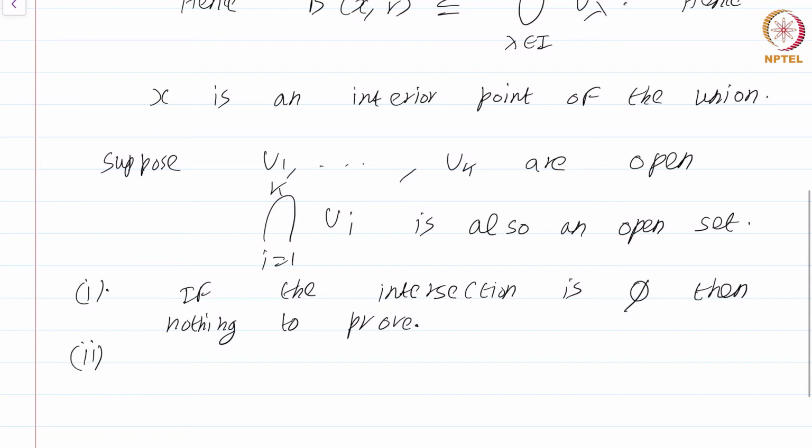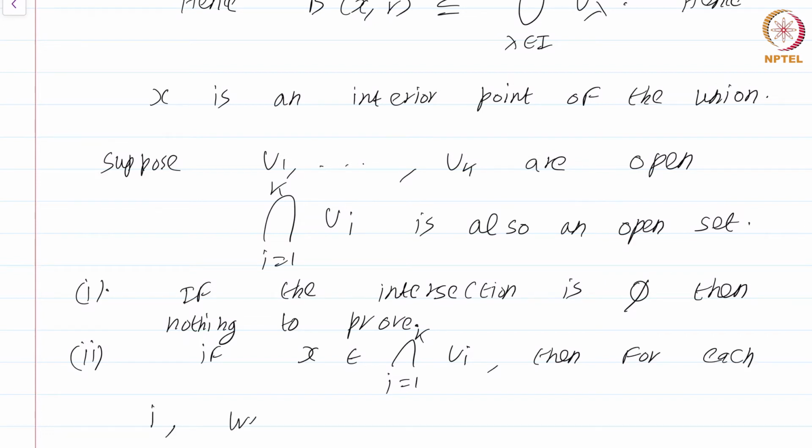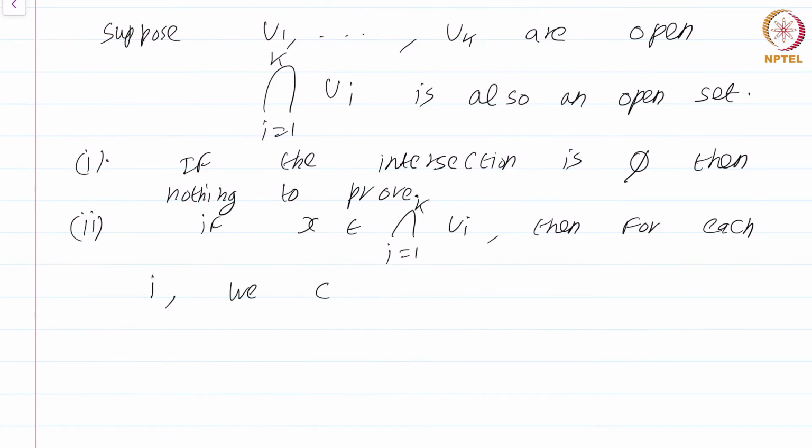Part 2, if X is there in the intersection of ui, then for each i we can find ri greater than 0 such that B(X, ri) is contained in ui, right?